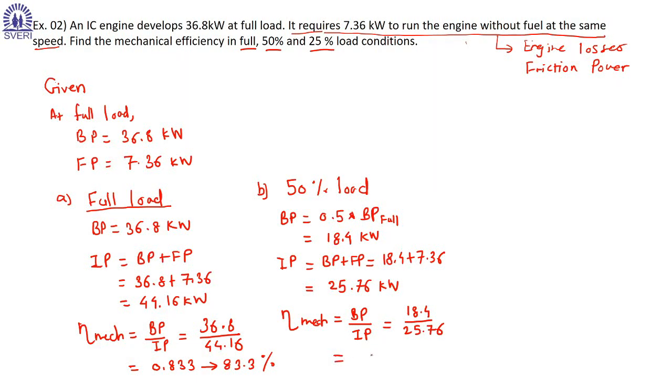So this will give you a value 0.7142 or efficiency 71.42%. So as you see, as the load is decreased from full load to 50%, the efficiency also decreases. So it goes from 0.833 to 0.7142. Next we'll see the third case, that is 25% load.